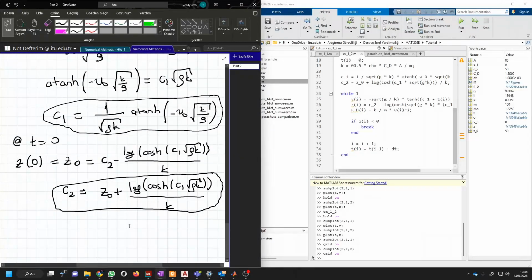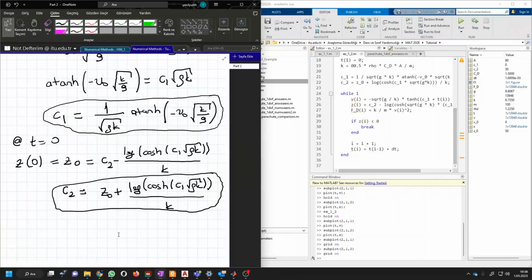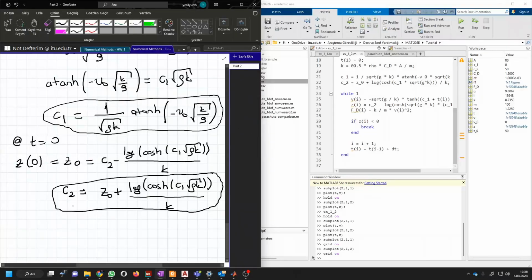So let's try this. Let's try to calculate this. The aerodynamic force was 1/2 rho times CD times A times v limit square.